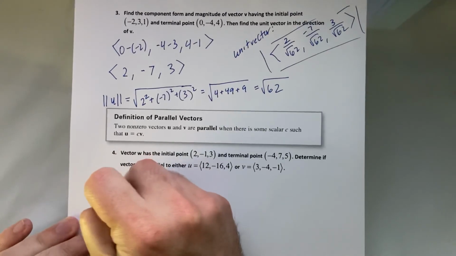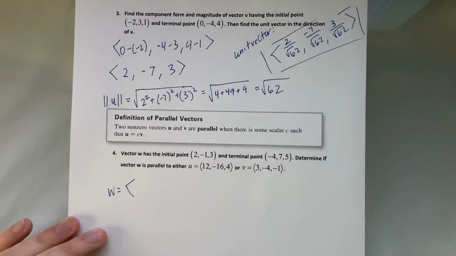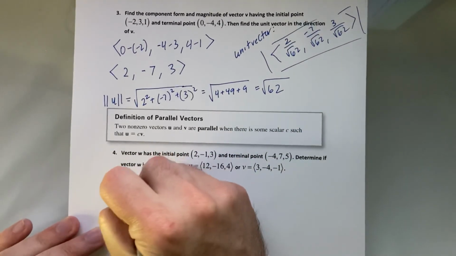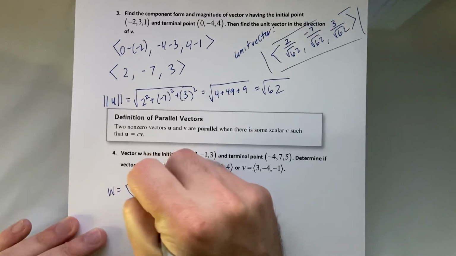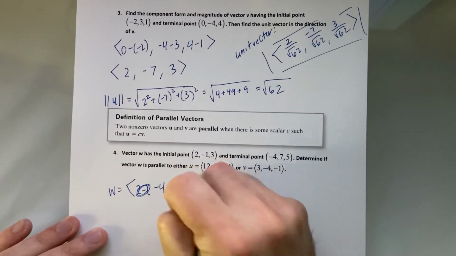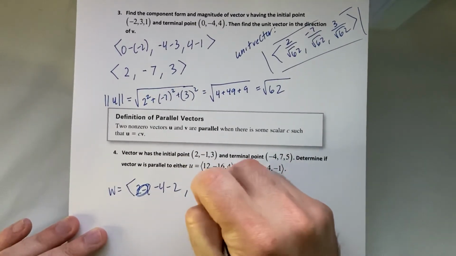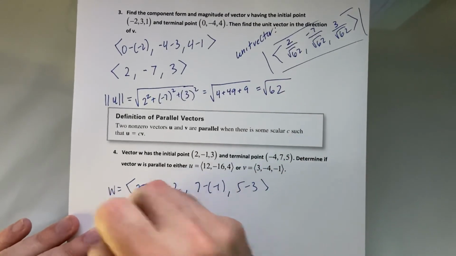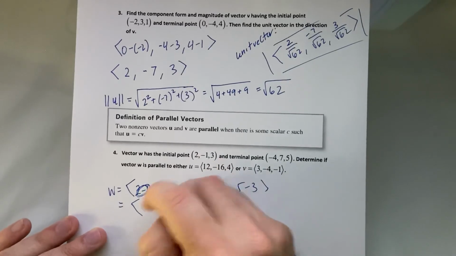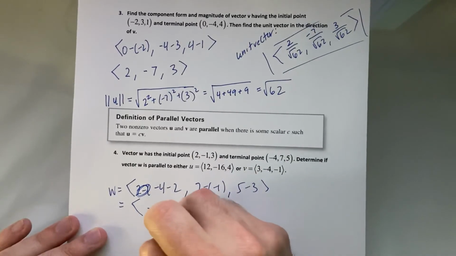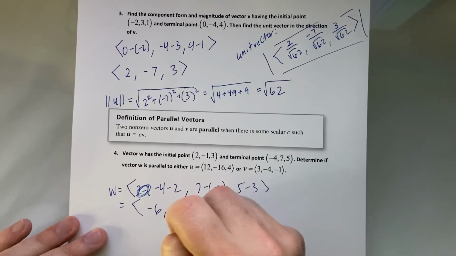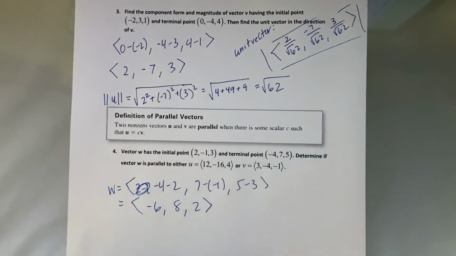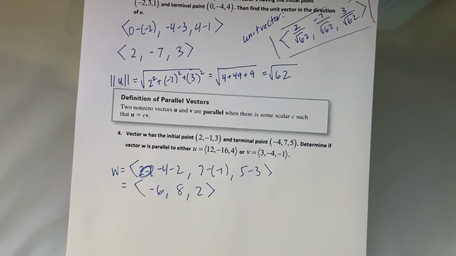So W is the vector -4 minus 2, 7 minus -1, 5 minus 3, which is -6, 8, 2.